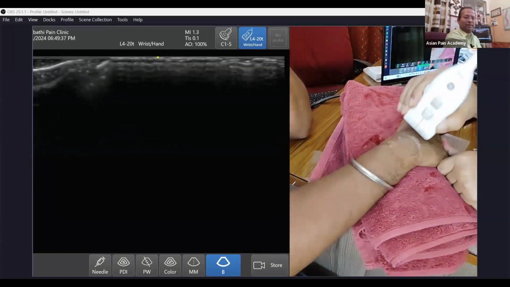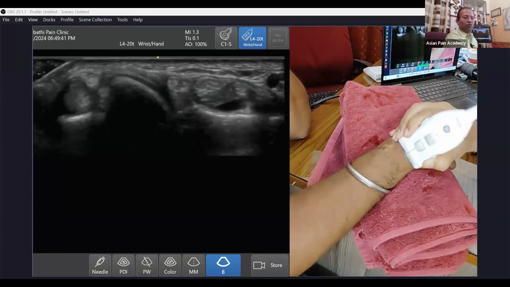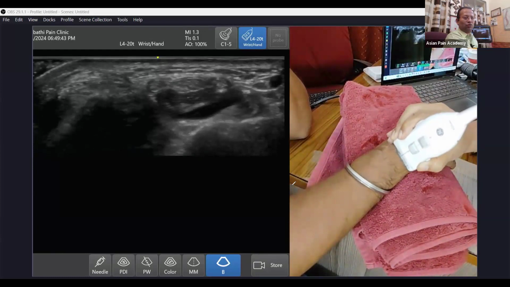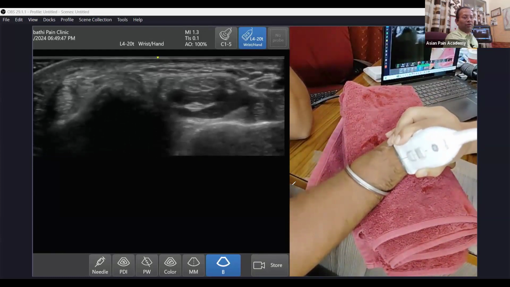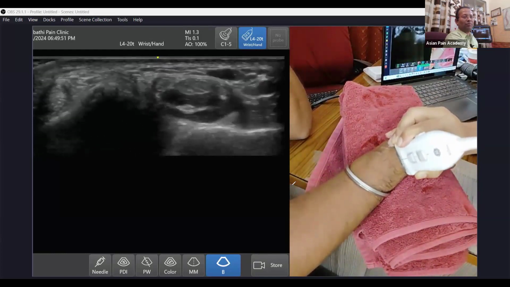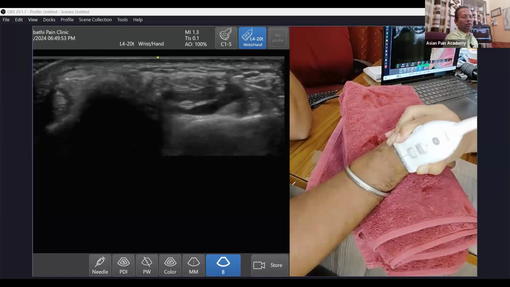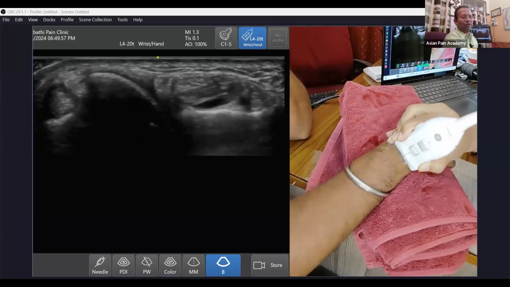Here we are seeing the tendon, but we should go a bit proximally to see if there is any fluid accumulation, because if there is an effusion, fluid accumulation occurs a bit proximally and not at exactly the end point of the radioulnar joint.